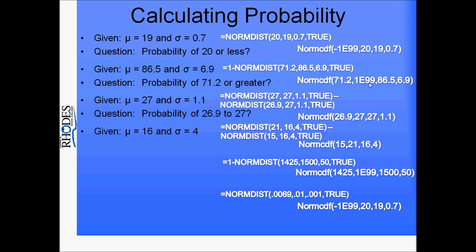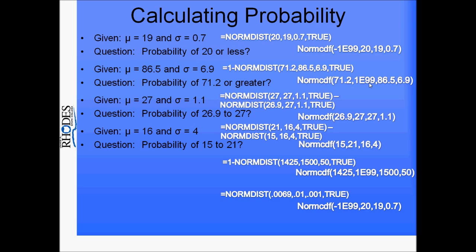Again, switching things up. We got a mean of 16, standard deviation of 4. The question is, what's the probability between 15 to 21? In this case, we're going to have to type it in the calculator as your left bound of what? What's your left bound? Give you a chance to think about it. Left bound's always the lower number, so in this case it's 15.